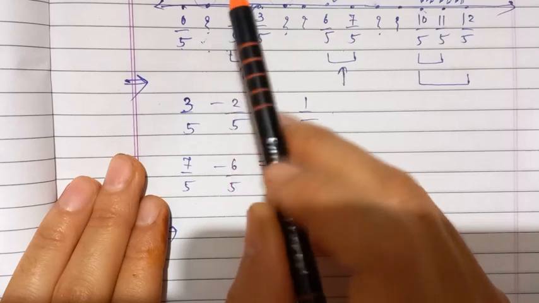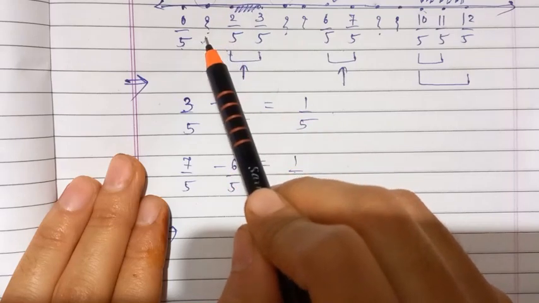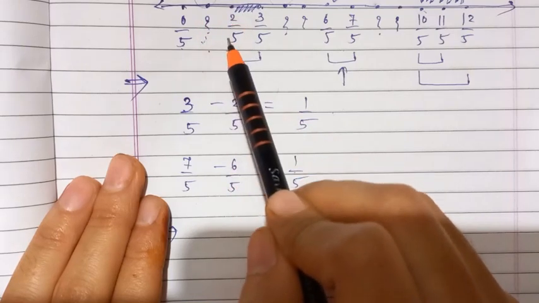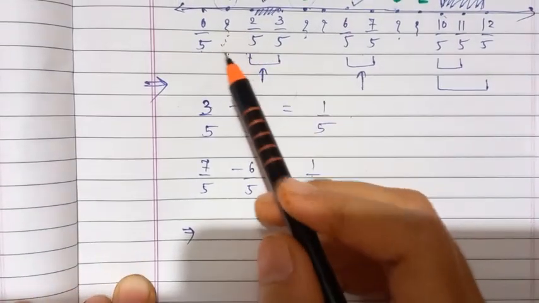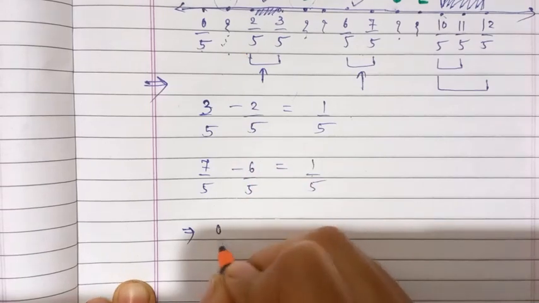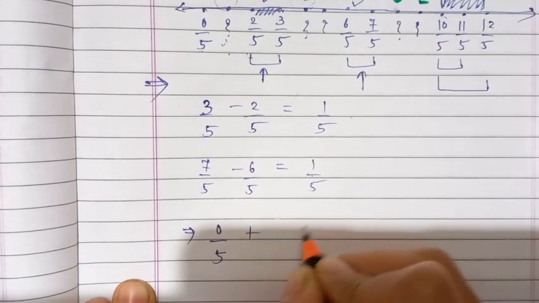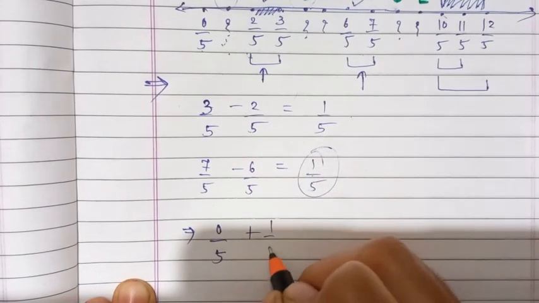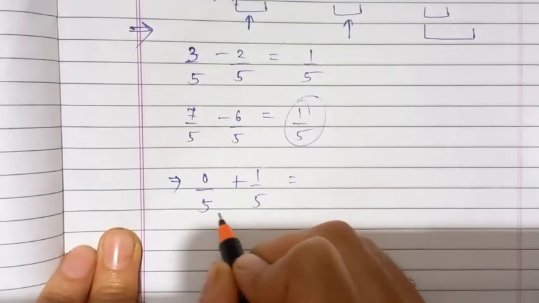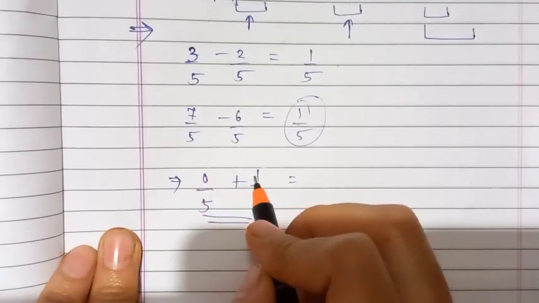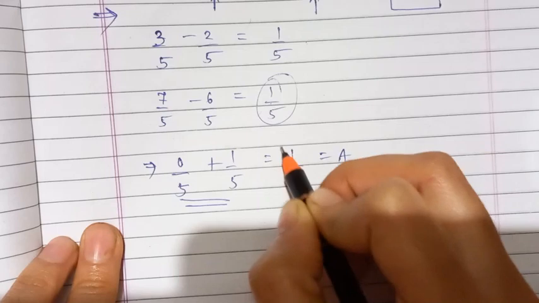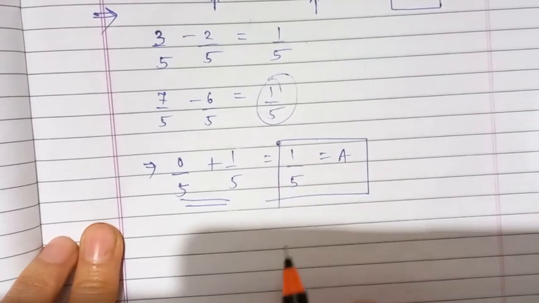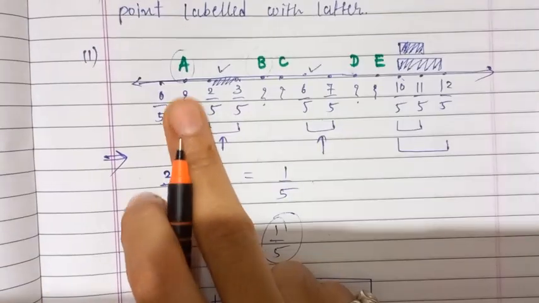Again we added the difference to the second number and got the third number. We do the same here. The first number is 0 by 5, then we add the difference 1 by 5. Denominators are the same, so we add 0 and 1. So 0 plus 1 is 1 by 5. So our number A is 1 by 5.